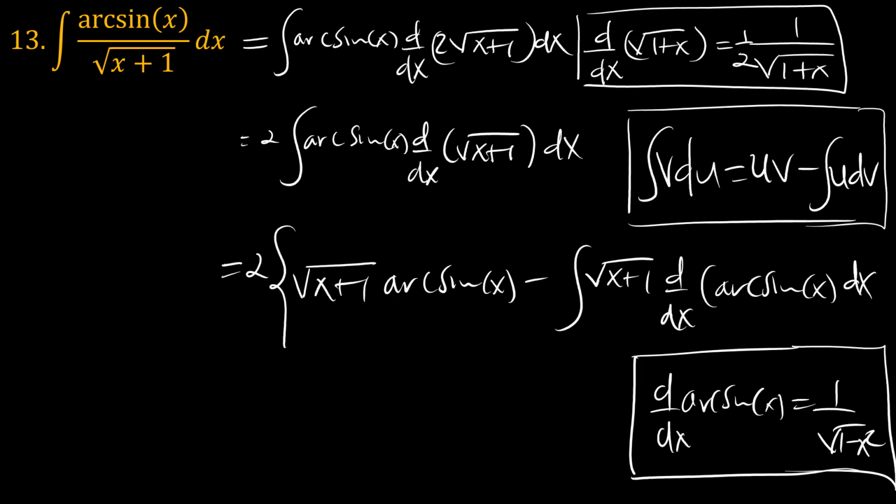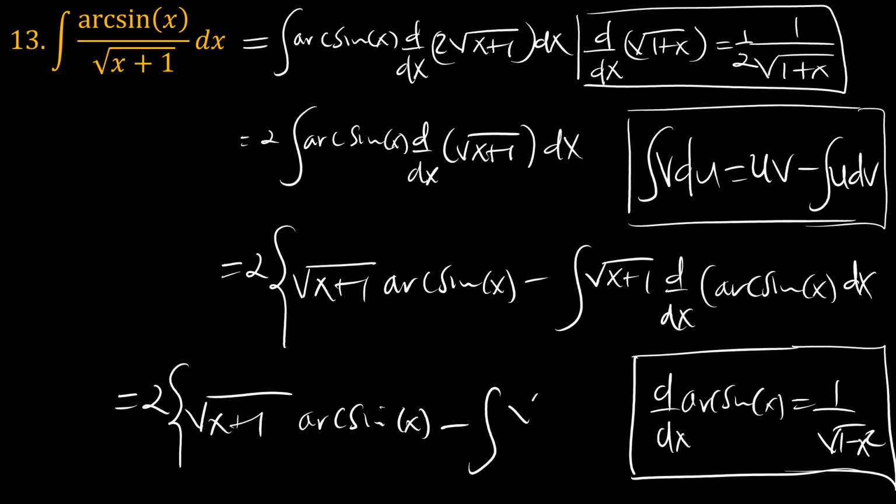So what this means is that our problem now becomes 2 times the square root of x plus 1 times the arc sine of x minus the integral of square root of x plus 1 over square root of 1 minus x squared, close bracket.